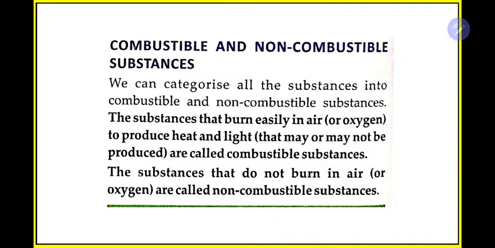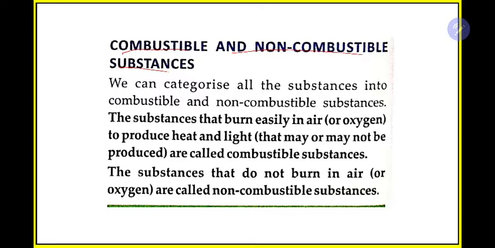So moving to the next, what are combustible and non-combustible substances? We can categorize all the substances into combustible and non-combustible substances. Every substance we know, we can group into two groups. For example, if you burn soil, what will you get?